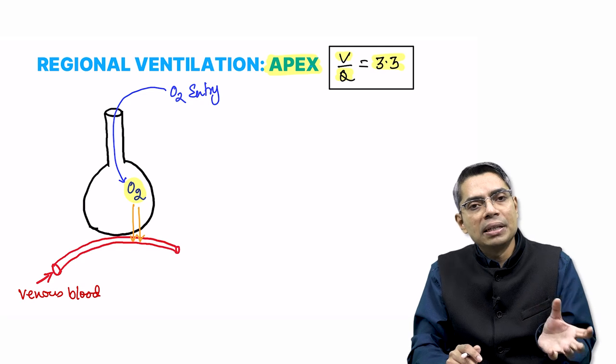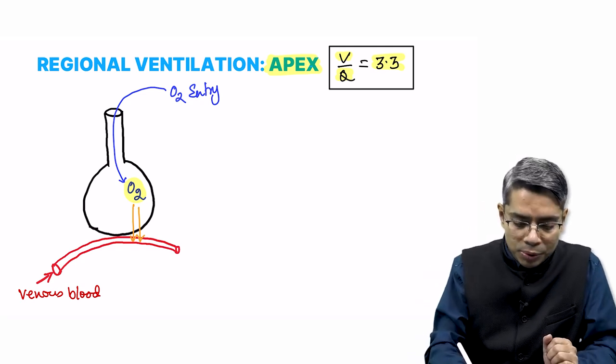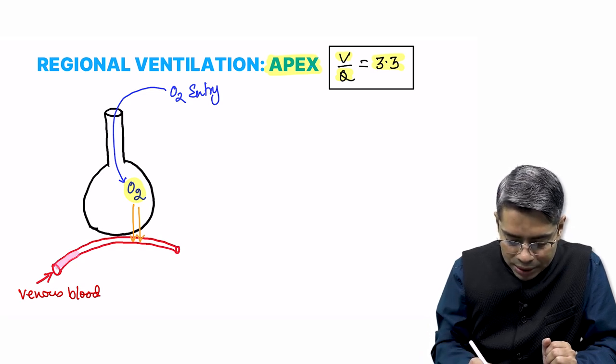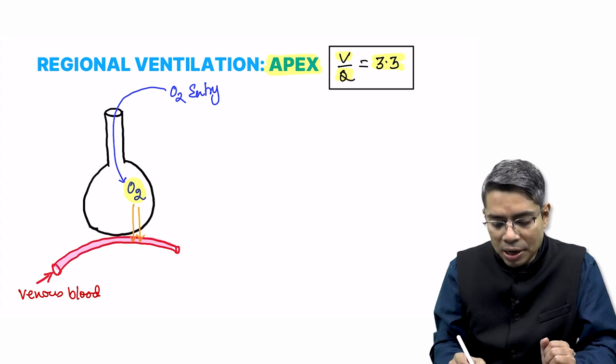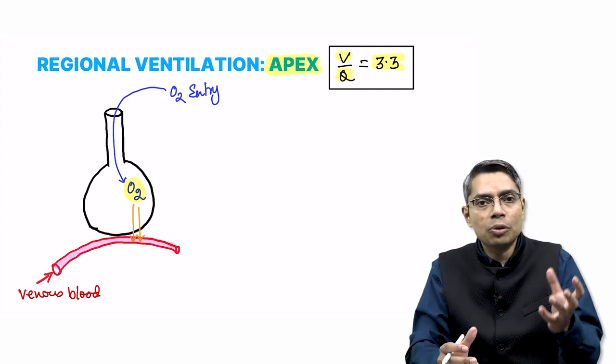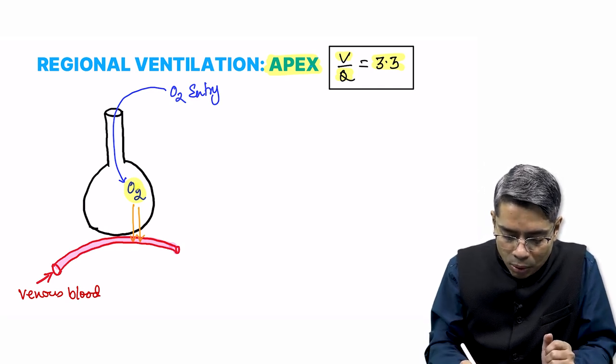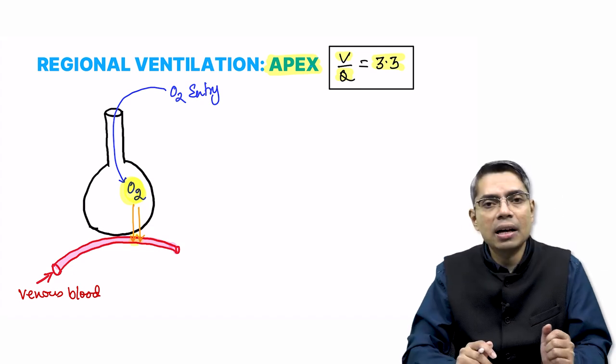Why? Because ventilation is huge in comparison to perfusion, and whatever amount of blood is reaching this apical alveoli, this blood volume is also lesser.